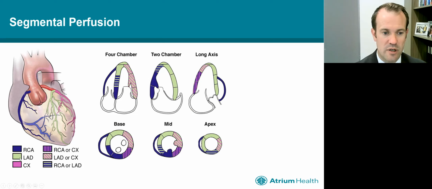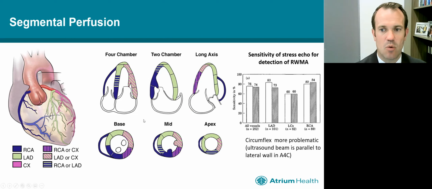So here we see in green the LAD, usually supplying the apex, the apical septum, the anterior wall and the anteroseptum; the RCA, usually the mid and basal inferior wall and the basal inferoseptum; and then the left circumflex or the RCA or the LAD will supply some of these additional walls here.